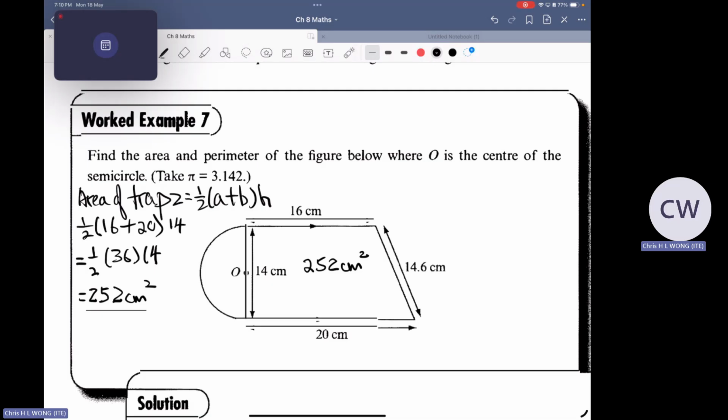Okay, so I put it on the left. Area of semicircle. Half, right? Half, divided by 2, isn't it? What is the area of circle?